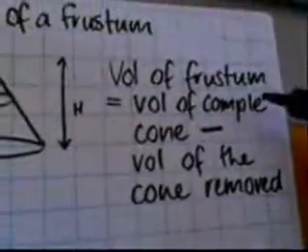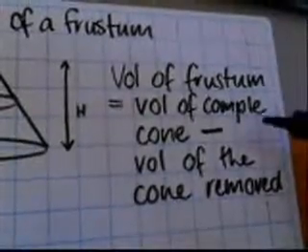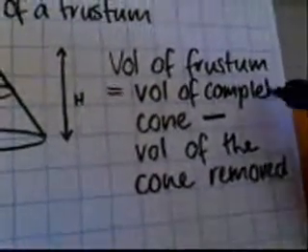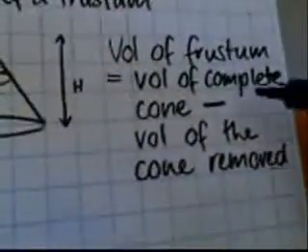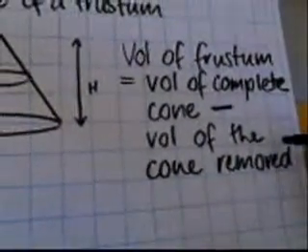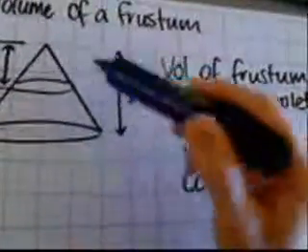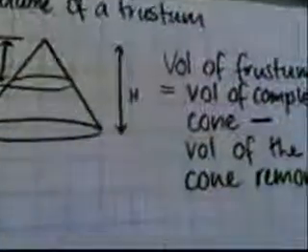So the volume of a frustum equals the volume of the complete cone, the whole thing, minus the volume of the cone removed. It's simply this large one minus the small one on top.